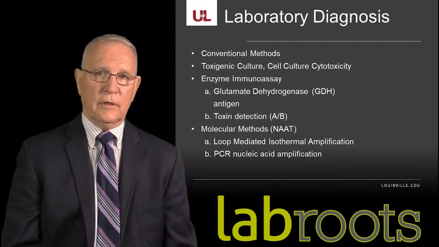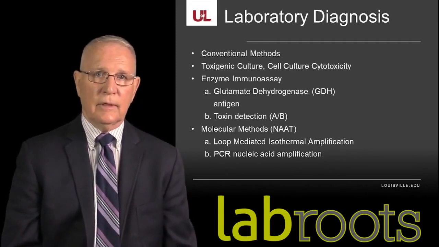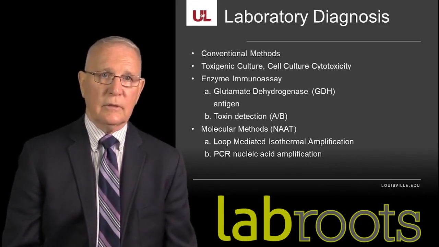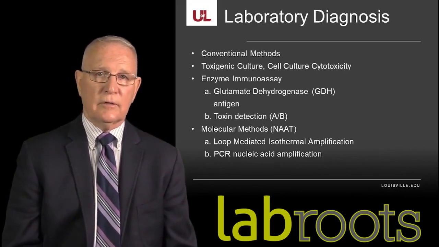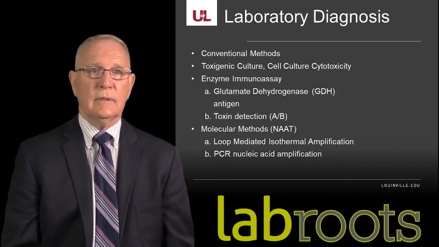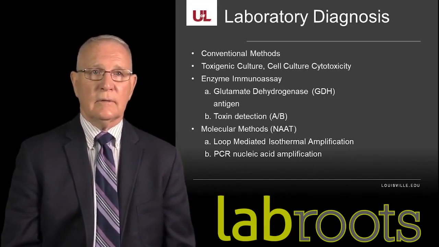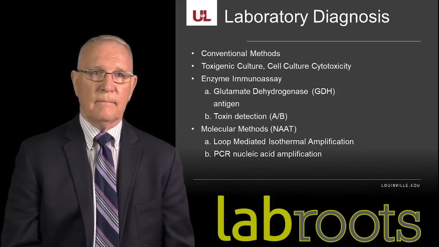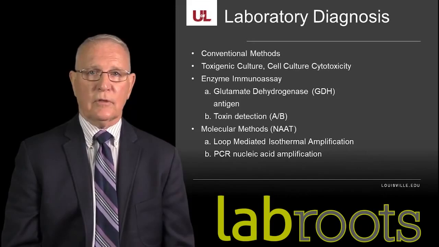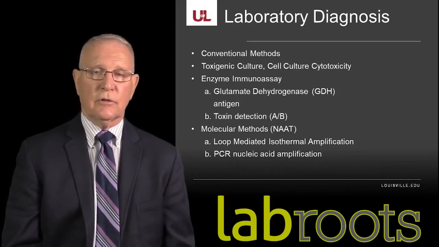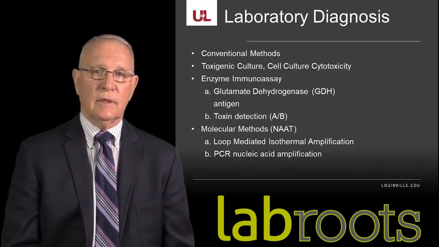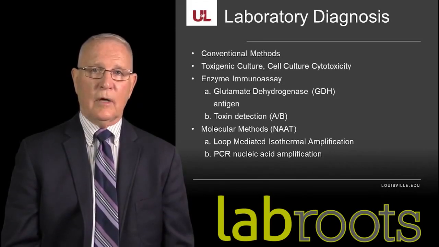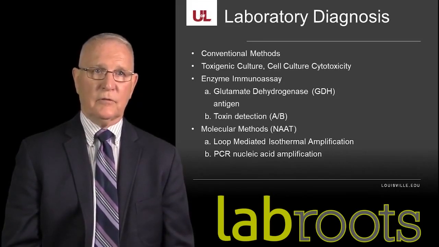Once the organism is recovered in culture, then that isolate is tested for its ability to produce toxin. The cell culture cytotoxicity neutralization assay is used to detect the toxin. Once again, remember, the toxin is the primary virulence factor.